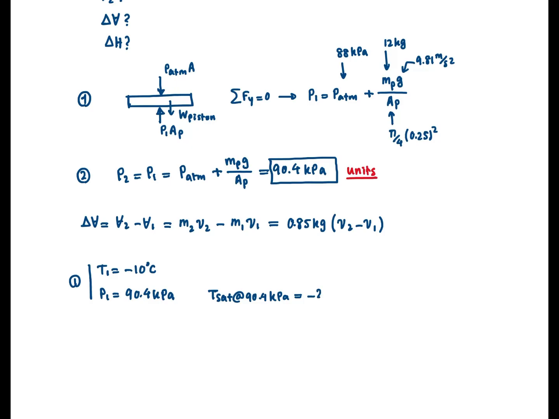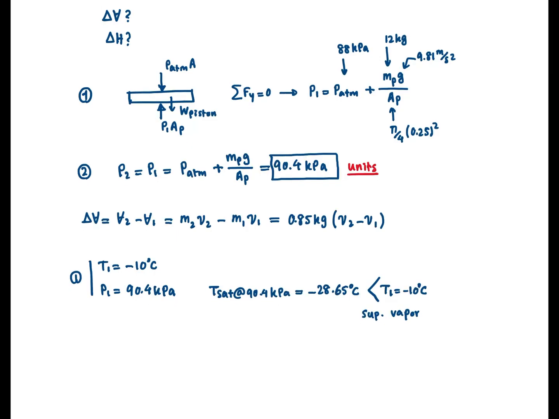It will be negative 28.65 degrees C. Then I can compare Tsat with the given temperature, which is negative 10 degrees C, and I see that the given temperature is greater than Tsat, or the state is superheated vapor. Then I can go to the superheated vapor table for refrigerant 134A and read for a specific volume.